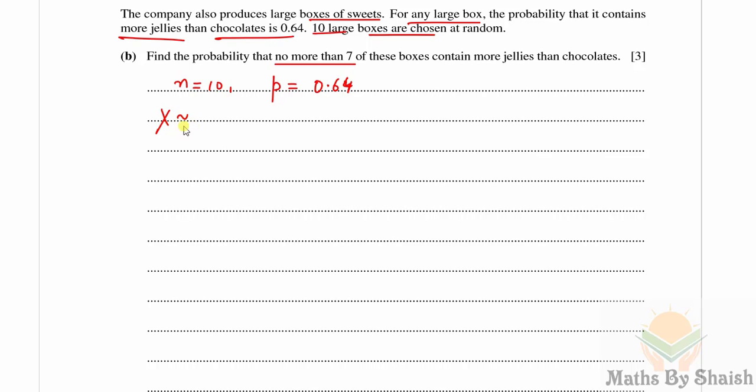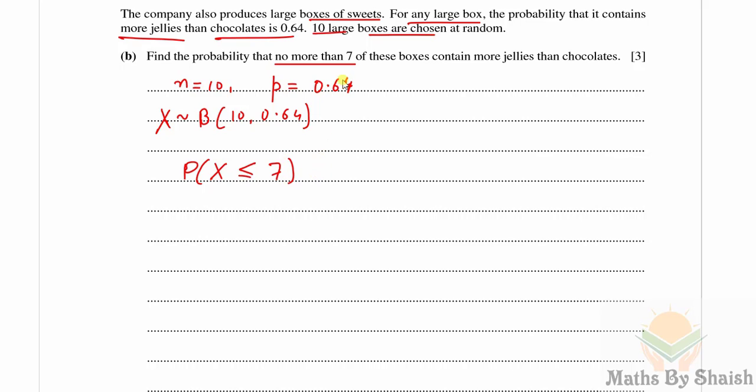So x is the number of large boxes that contain sweets where jellies are more than chocolates. So it's binomial with parameters 10 and 0.64. And now comes the question: find the probability that no more than 7. No more than 7 means the probability of x less than or equal to 7.